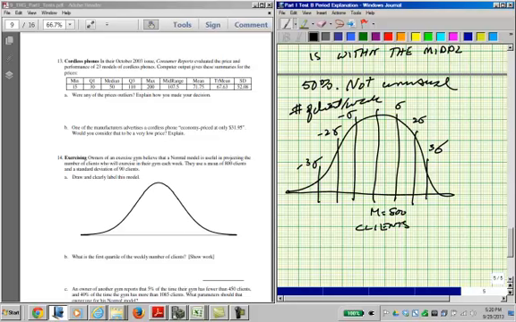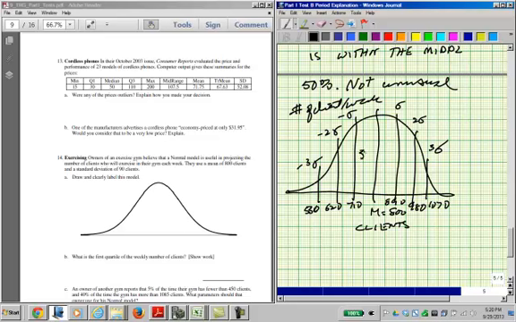And the standard deviation is 90, so we got 800, this is 890, 980, 1070, 710, 620, and 530.